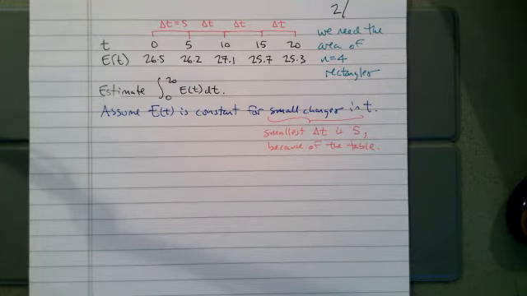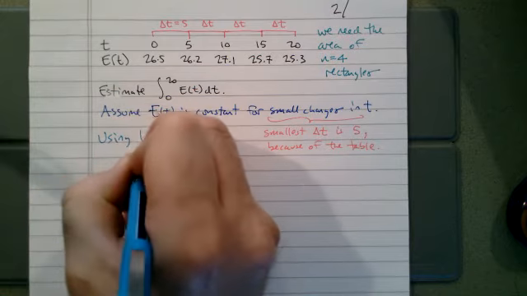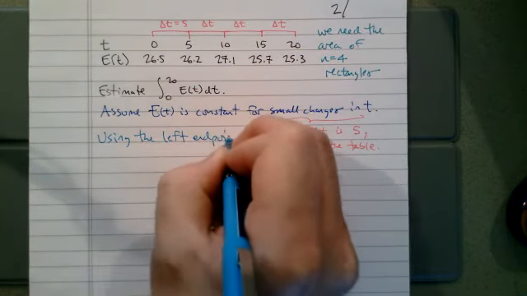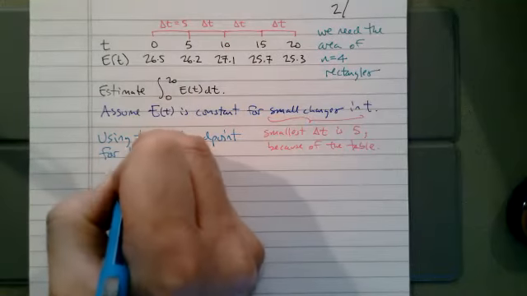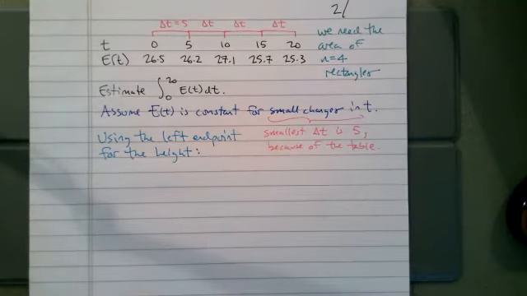We're going to be calculating the area of these 4 rectangles. The area of each rectangle will either use the left endpoint or the right endpoint for the height. Let's start by using the left endpoint for the height.